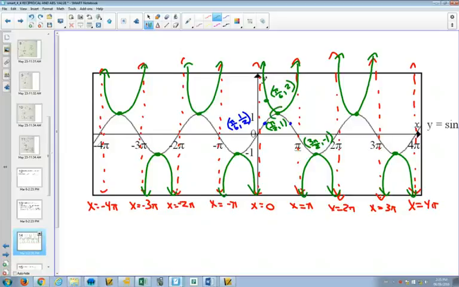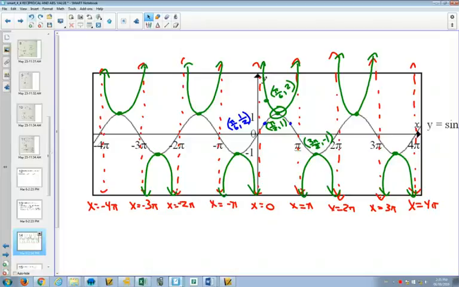So this point right here, that point in that little section is a maximum on our original graph, and it becomes a minimum on our reciprocal graph. So all of these asymptotes and all of those green lines together, that is the graph of cosecant.